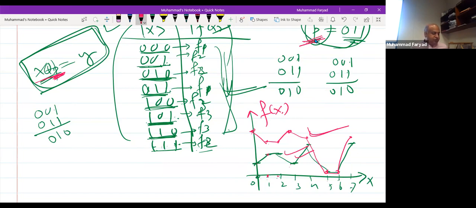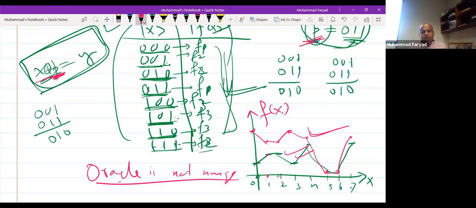So if the bit string P is fixed, we still have multiple oracles. It means that the oracle in this case is not unique. This is something that we will have to keep in mind when we implement it in Qiskit.